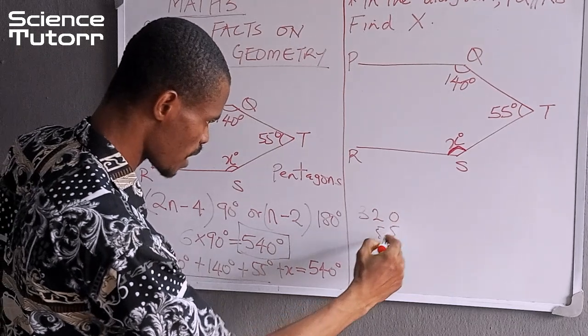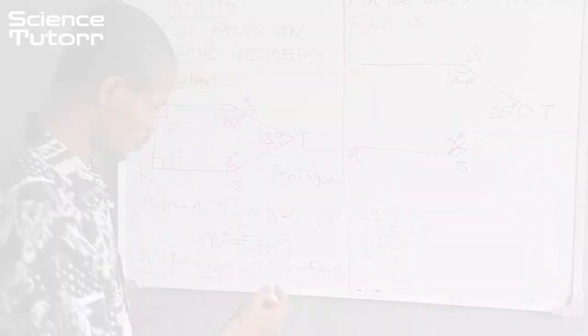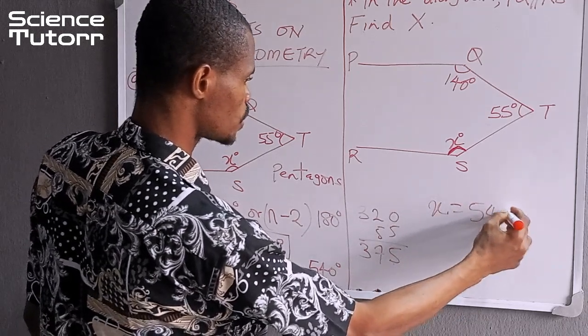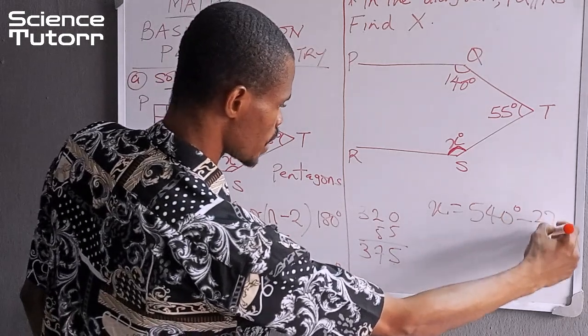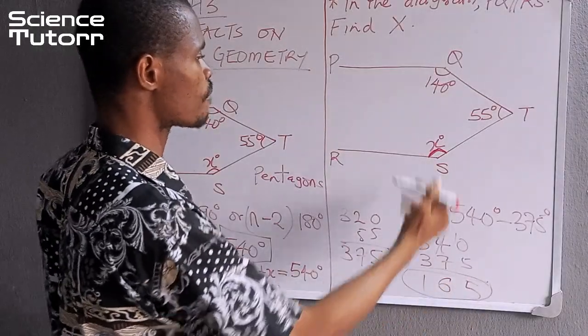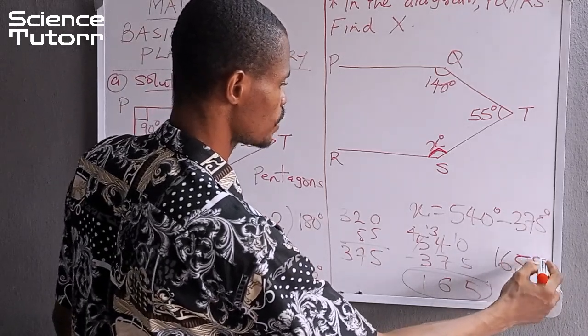320 plus 55, we have 375. So that makes X equal to 540 degrees minus 375 degrees. At the end of the day, we have X equal to 165 degrees.